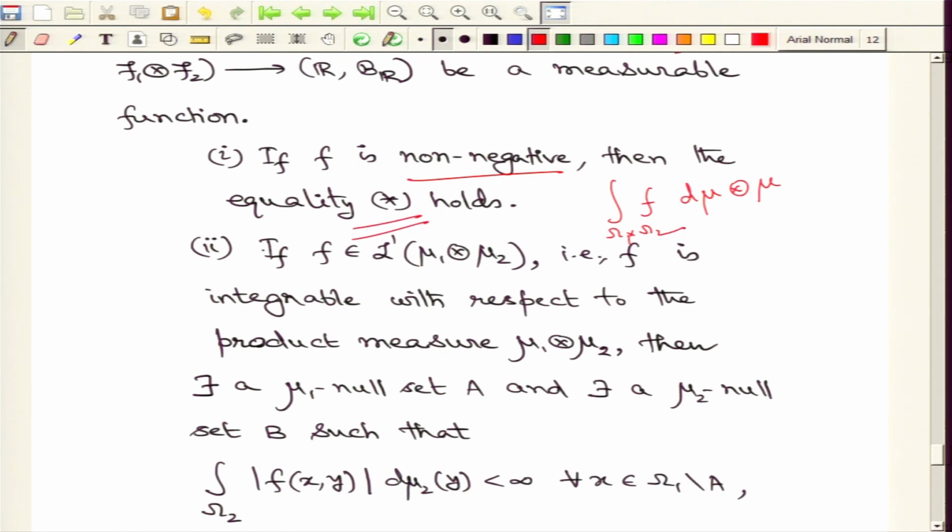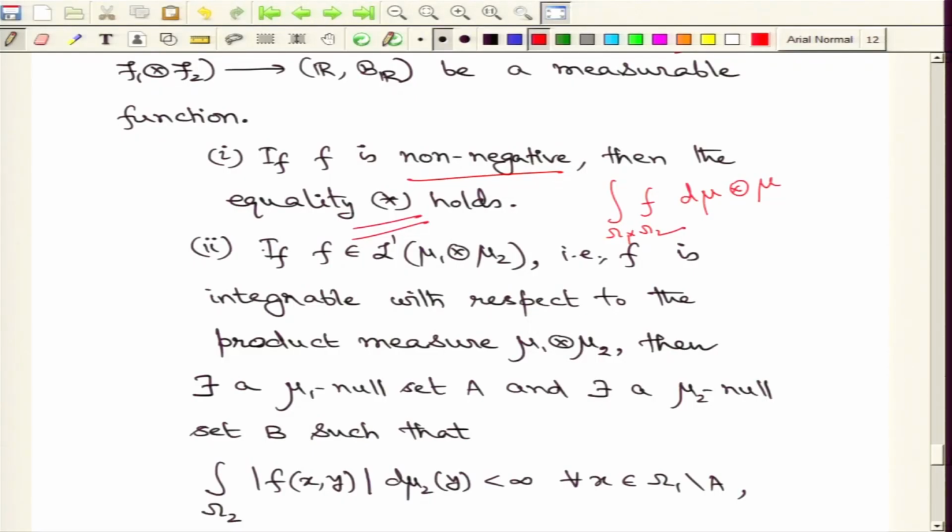First you integrate out one of the variables and then you integrate with respect to the other variable. So, this is a very important equality which will help us in reducing the computational complexity of higher dimensional integrals and bringing it down to lower dimensional spaces.